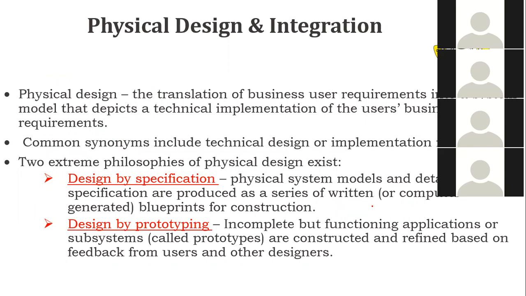Now, the physical design and integration, this is where we begin to see the translation of the business user requirements. Those that were designed in the logical model are now being turned into a system model. This system model begins to depict the technical implementation of the user business requirements.